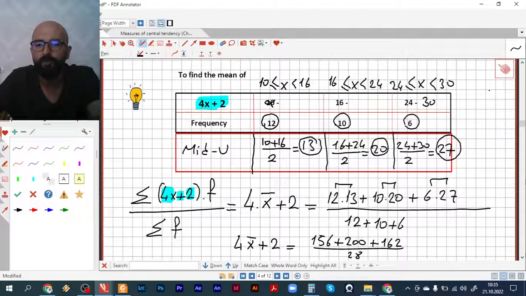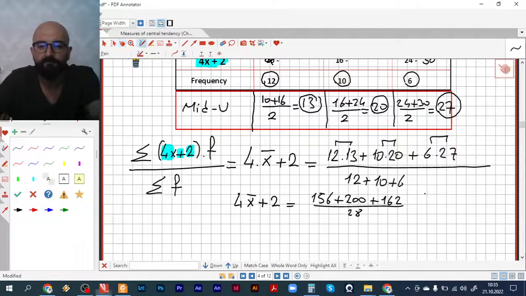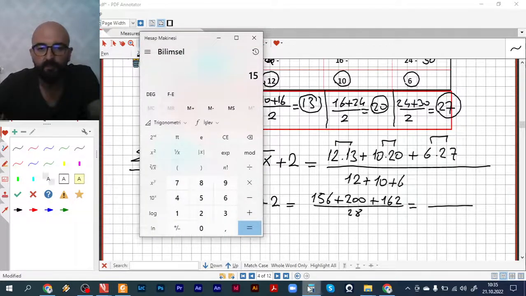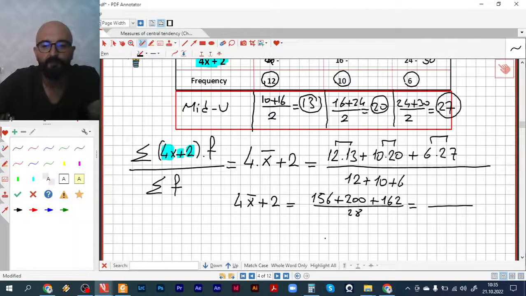The sum of frequency is 28. Using the calculator, 156 plus 200 plus 162 over 28 is 18.5. But this number is 4 times the mean plus 2.